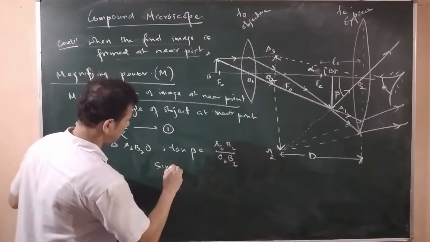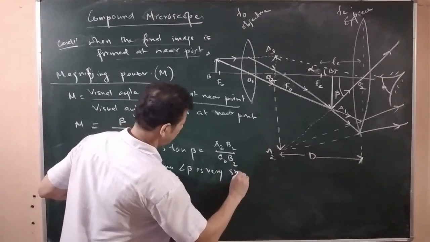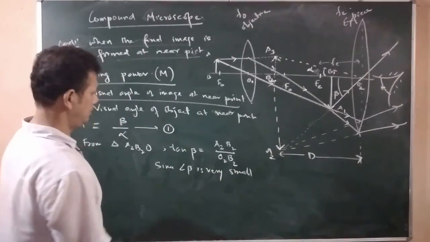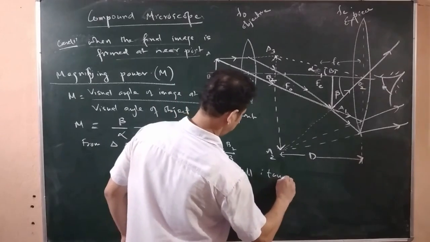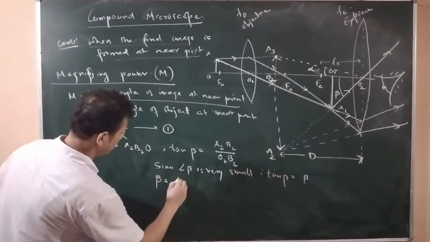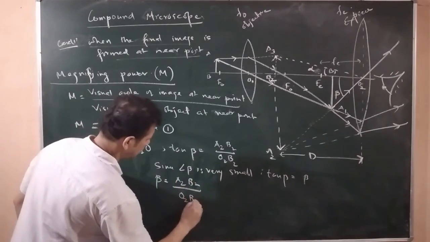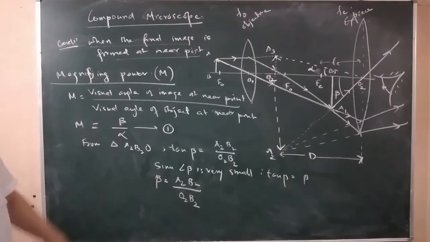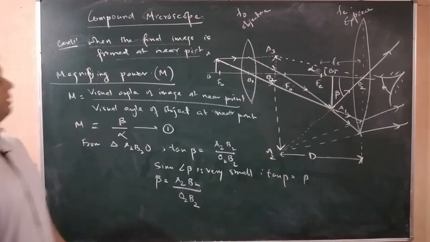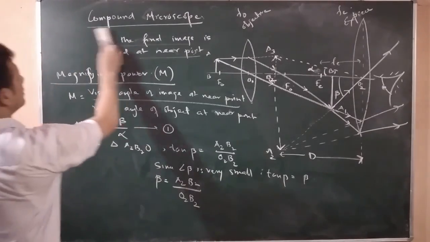Since angle beta is very small, therefore we can write tan beta is equal to beta, so beta will be equal to A2 B2 by O2 B2. Next, our task is to find alpha.